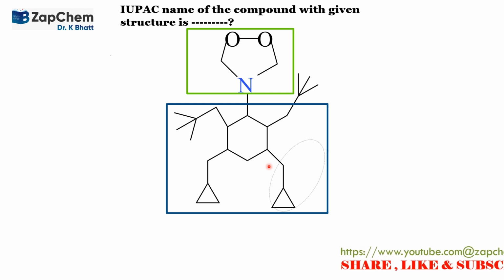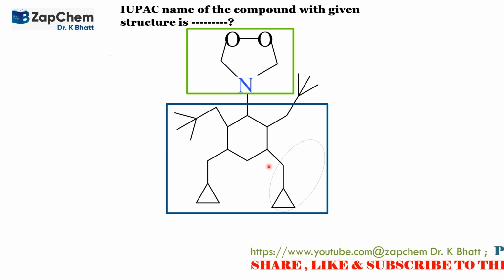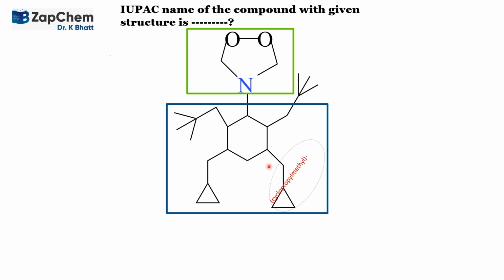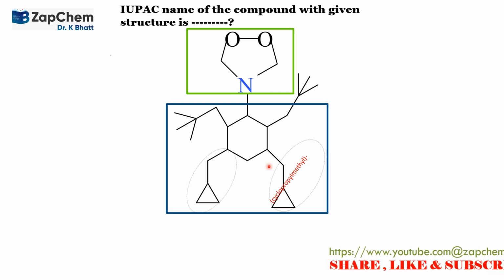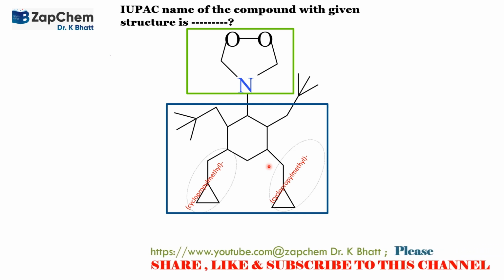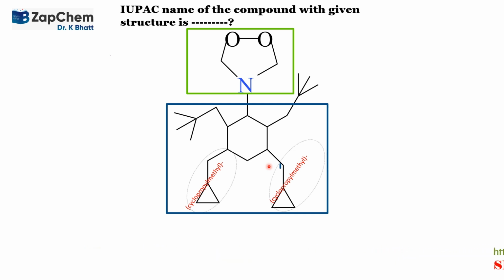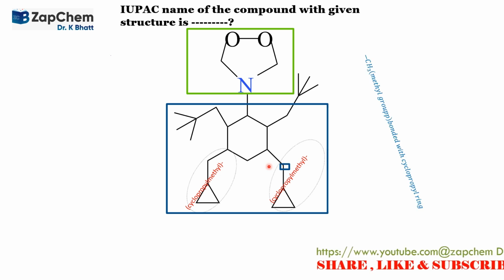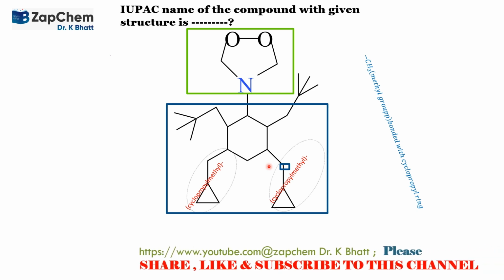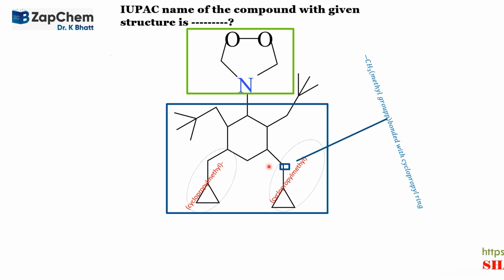As we find here, it has two substituents which are complex substituents as shown here. These substituents are known as the cyclopropyl methyl group, because here there is a carbon atom which is regarded as the methyl group bonded with the cyclopropyl ring.